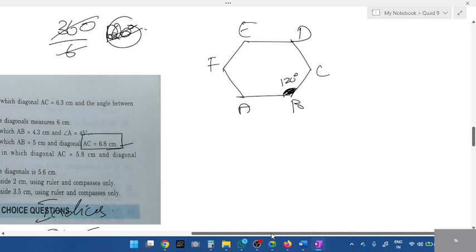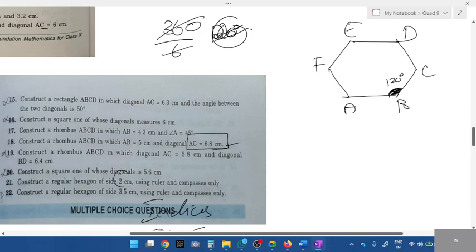Each angle is 120 degrees. So what is each side value given? All of you respond. One question has 2 centimeters, the other question has 3.5.